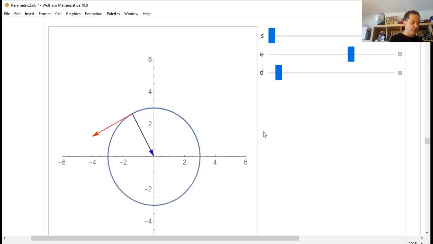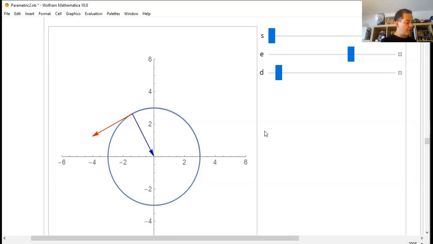Okay, so let's move it along and let's talk about the next one over here. So we have an example. So we already talked about a trajectory that can be described by two different vector functions that go over the same trajectory, but travel it at different speeds.